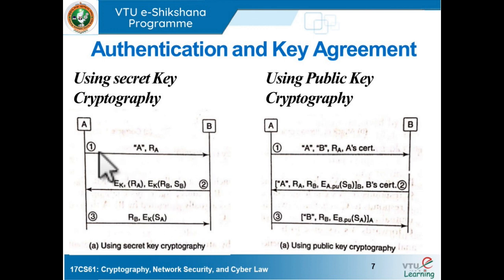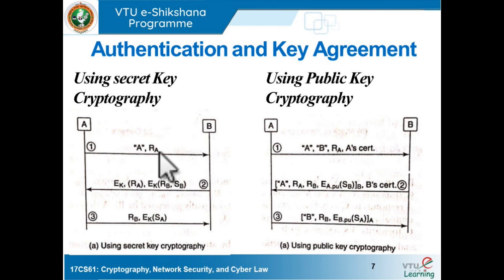Now, what is being done in the first message? A is sending a message to B saying that it wants to communicate with B. For this, A is providing its identity A, and along with that it is sending a challenge RA.